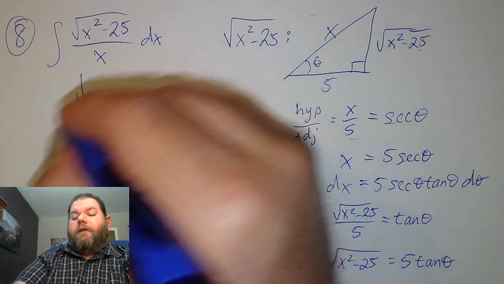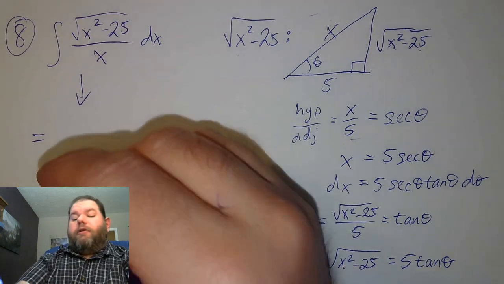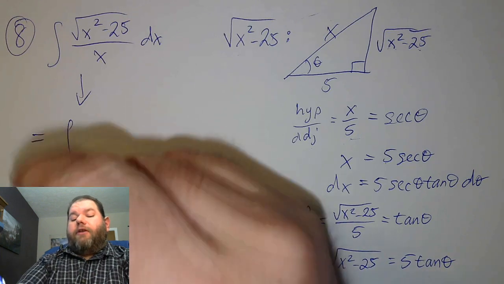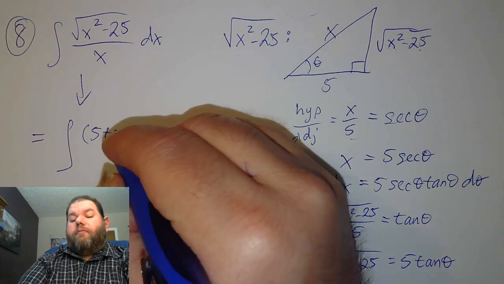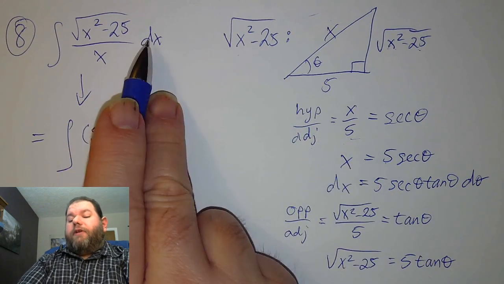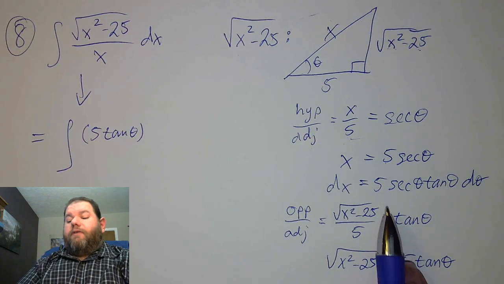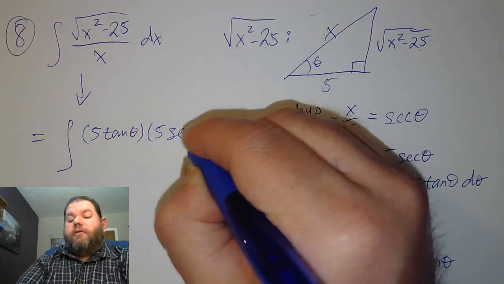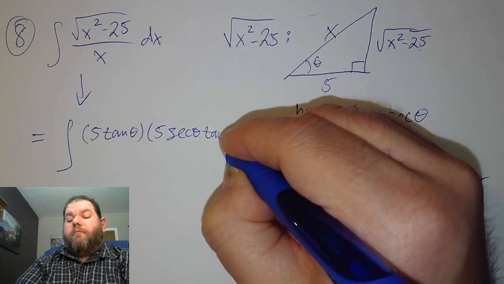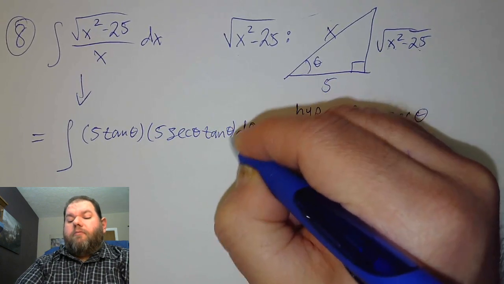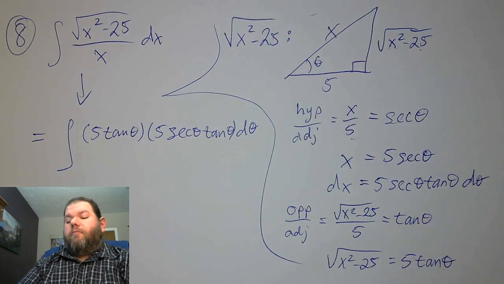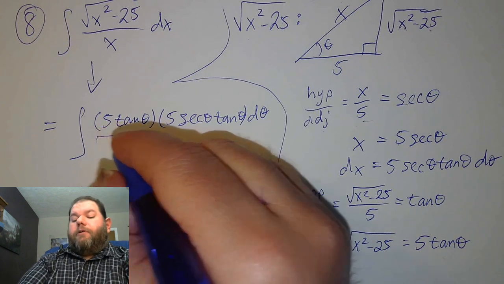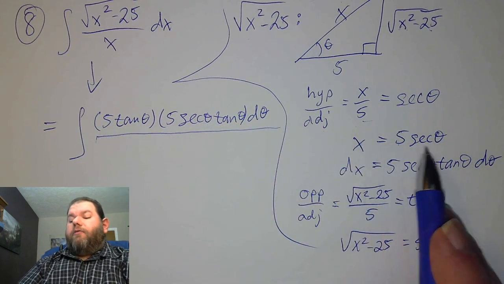So we go ahead and substitute in. On the numerator, we have the square root of x squared minus 25, which we said is 5 tangent theta. We have dx, which is part of the numerator. That's 5 secant theta tangent theta d theta. And on the bottom, we have x, which is 5 secant theta.